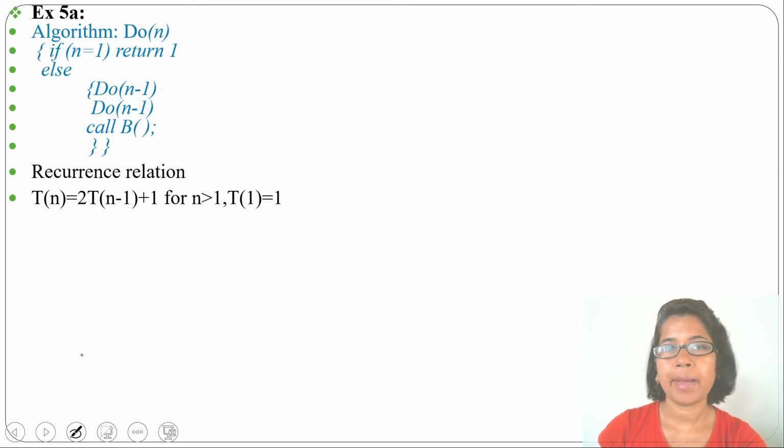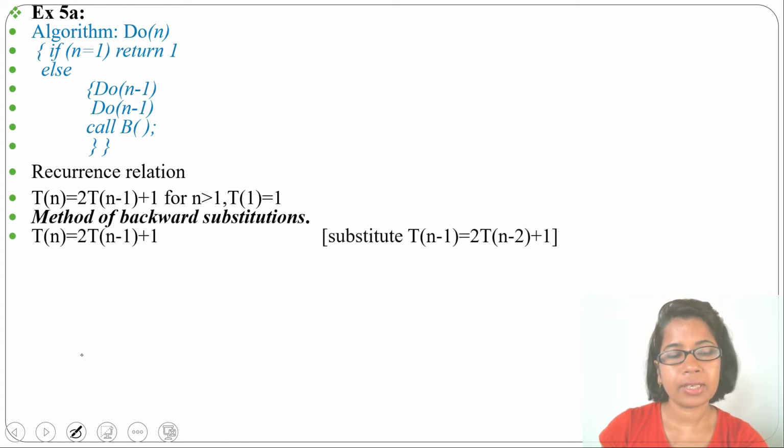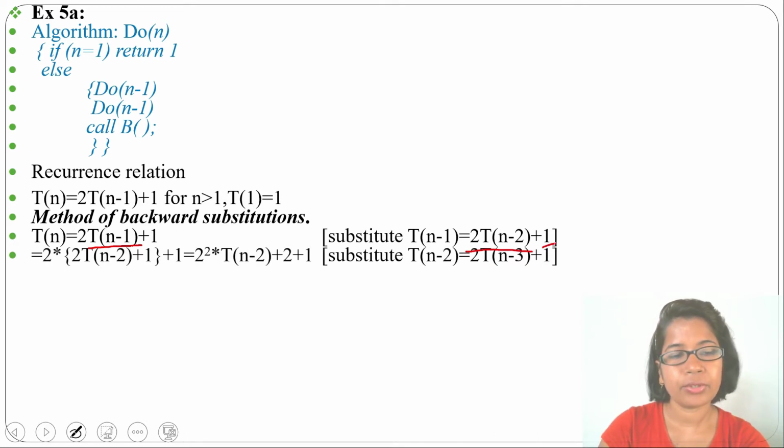Next, we will apply the backward substitution method for finding the order of growth. Our recurrence relation is T(n) equals 2T(n minus 1) plus 1. In place of T(n minus 1), we can substitute 2T(n minus 2) plus 1. After substitution, we get 2 times that, and before it, 1 was given.